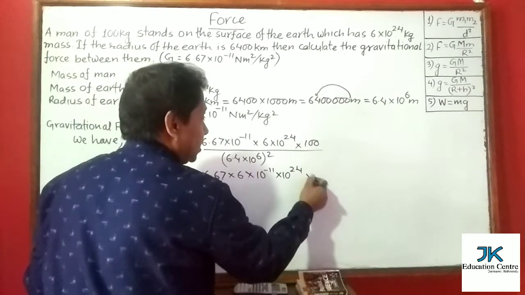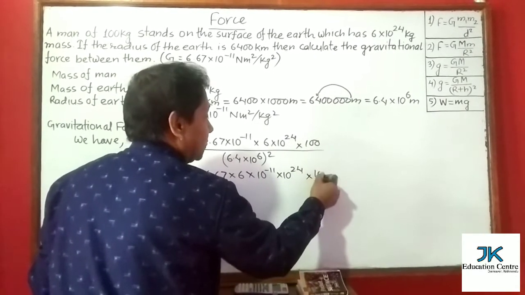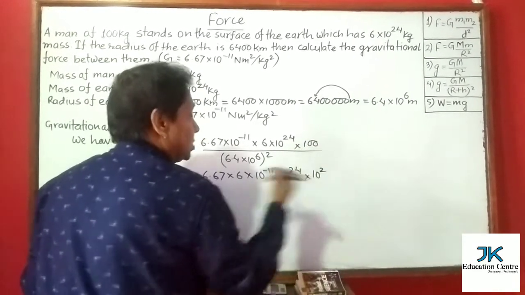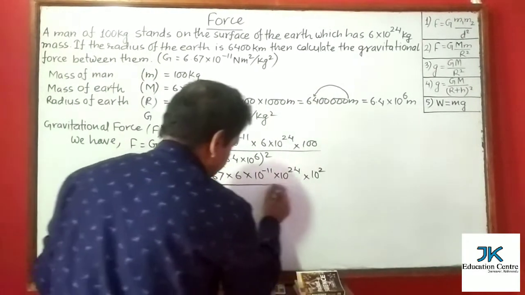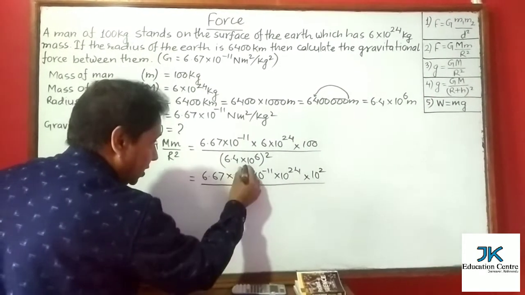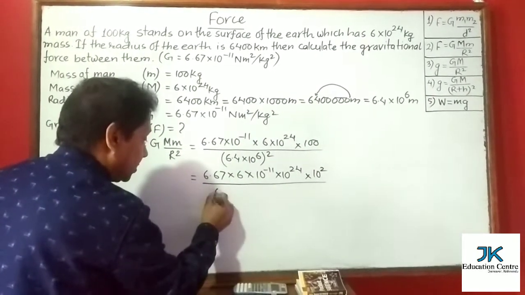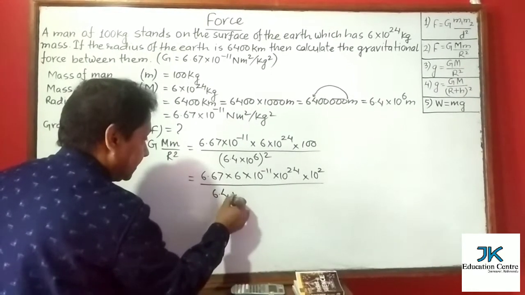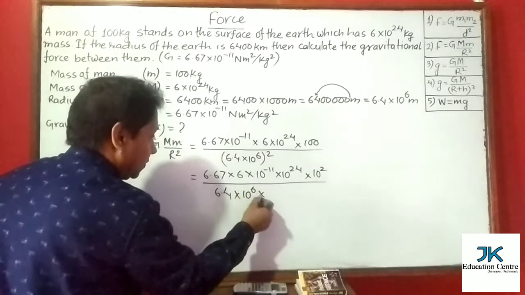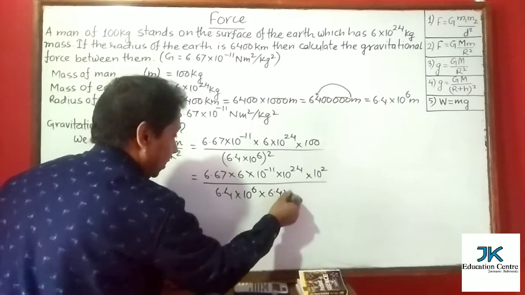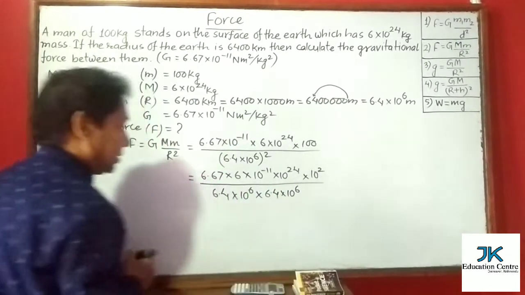This can also be written as a power of 10: 10 to the power 2, 1 having 2 zeros. Now after this, 6.4 into 10 to the power 6 whole square means we can write this twice, 6.4 into 10 to the power 6.